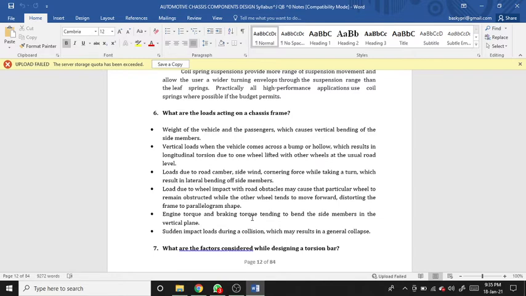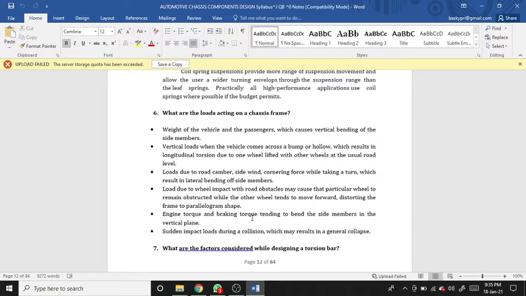Similarly, vertical loads when the vehicle comes across a bump or hollow result in longitudinal torsion, due to one wheel being lifted while the other wheels are at the usual road level, and the load due to the road camber. Then side wind and cornering force while taking a turn result in lateral bending of the side members.